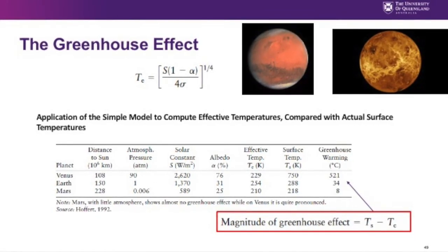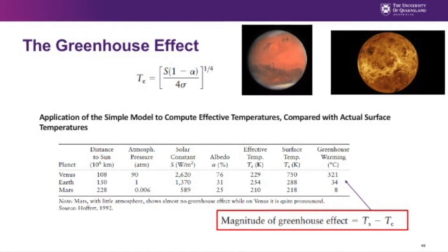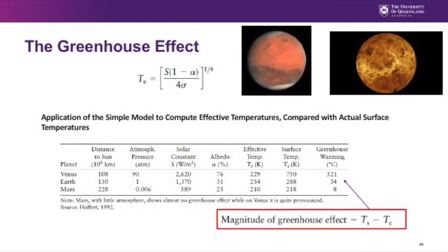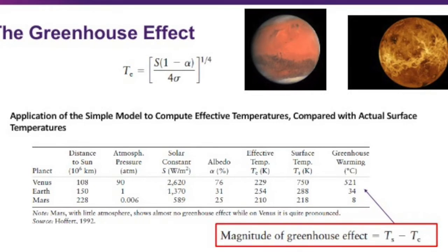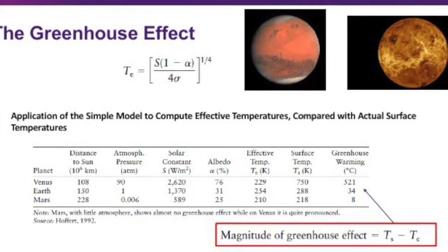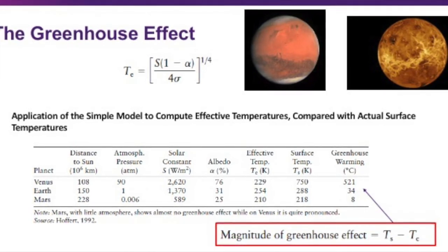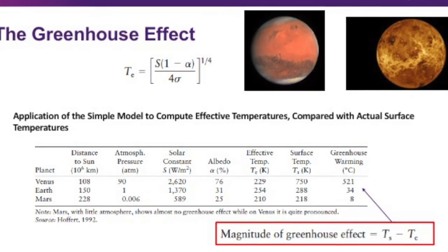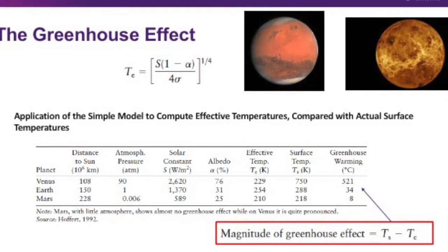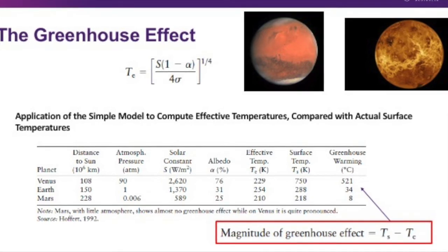They have different characteristics. They have different atmospheres, distance from the sun, and they also have different albedo. So you can see, for example, that the surface temperature on Venus is very high, 750 Kelvin, and this is connected, of course, to the amount of CO2 that the planet has.